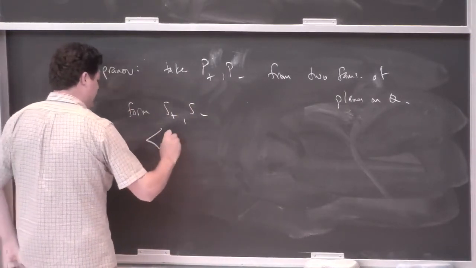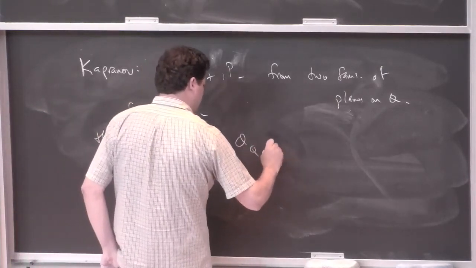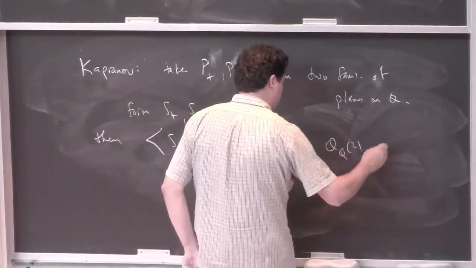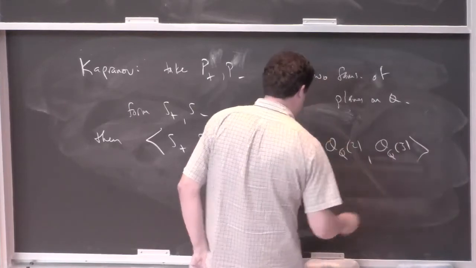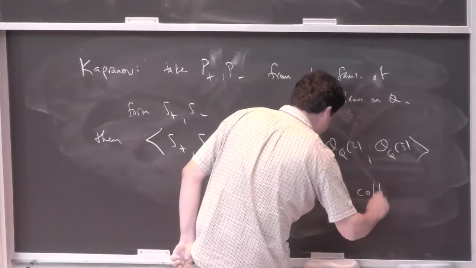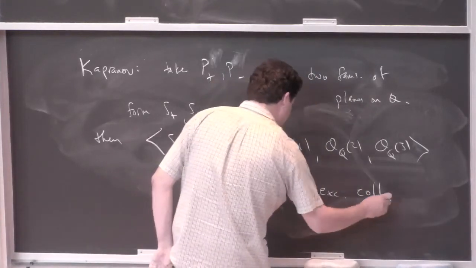Then S plus, S minus, O_Q, O_Q(1), O_Q(2), O_Q(3) is an exceptional, is a full exceptional collection.